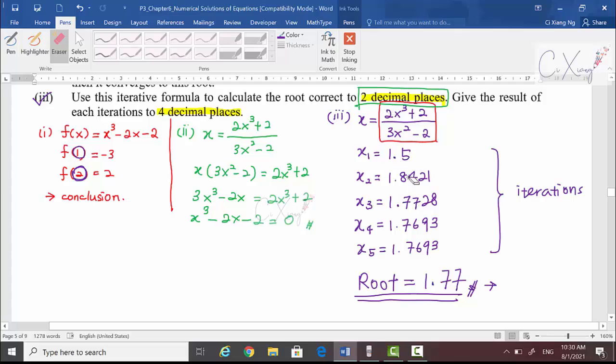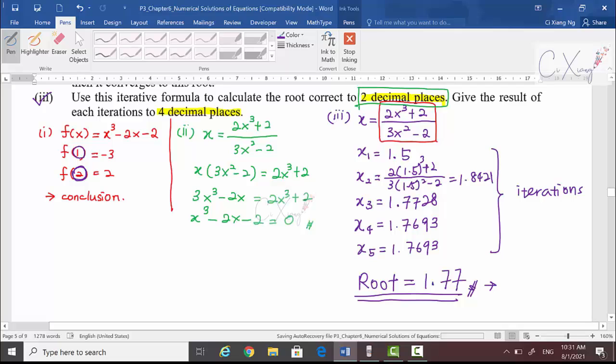For the first iteration x2, besides the 1.8421, maybe you can write out 1.5 power 3 plus 2 divided by 3, and then 1.5 squared minus 2, which is equal to 1.8421. You just write out the formula once, just in case they request for it.